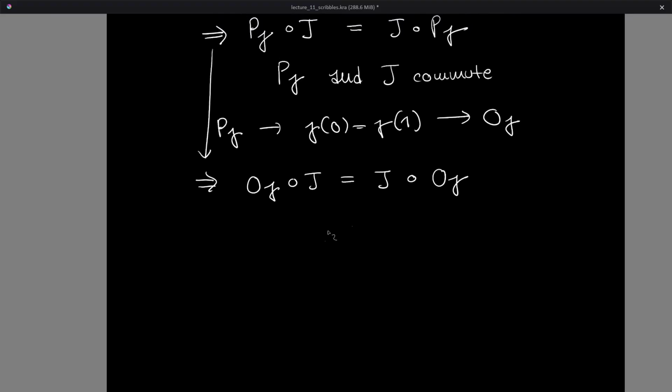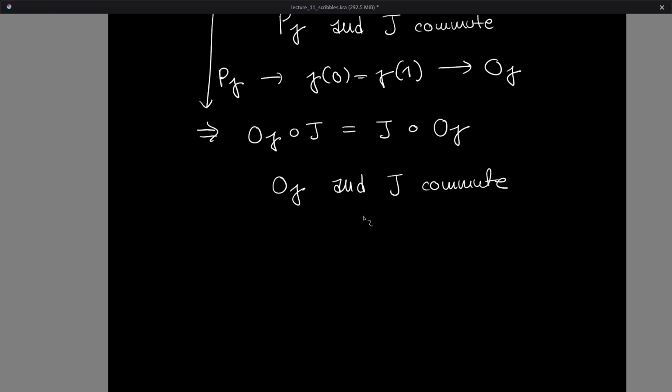So they commute, because O_gamma is a subset of P_gamma where p and q are equal. Because these commute, the idea of commuting with J is essentially to say that something is complex linear, because J essentially is the same as multiplying by i.